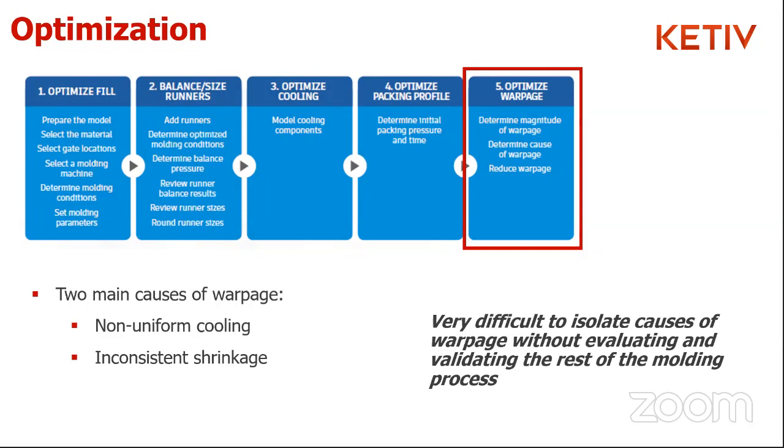But until you expose it to a bad runner design or an inefficient cooling design, that upfront work really didn't help if you still made a mistake later on in the phase. So great point on that. Yep, agreed.